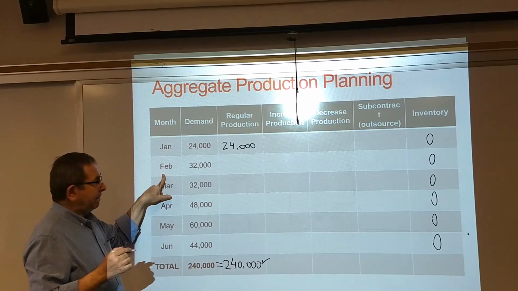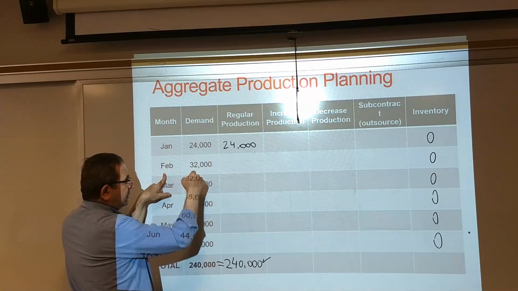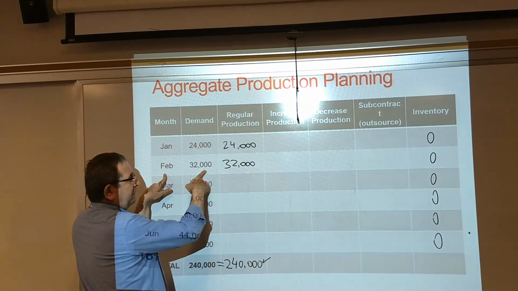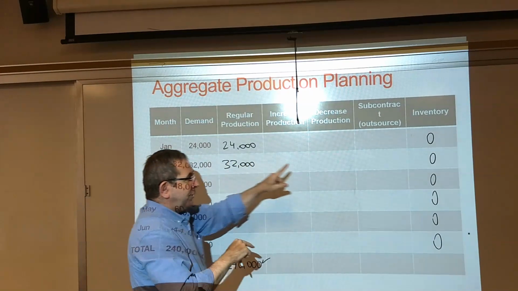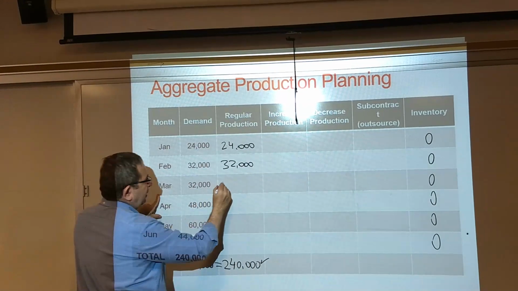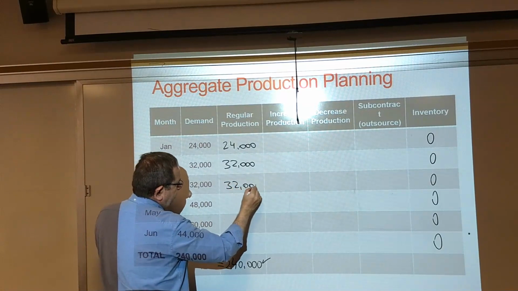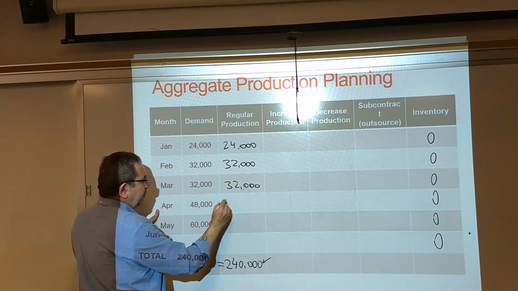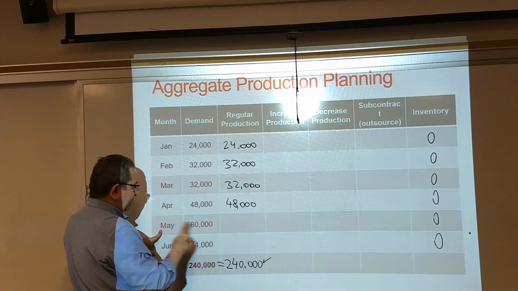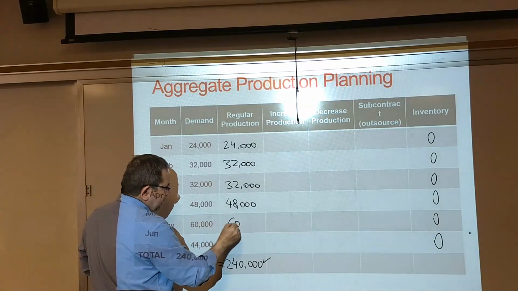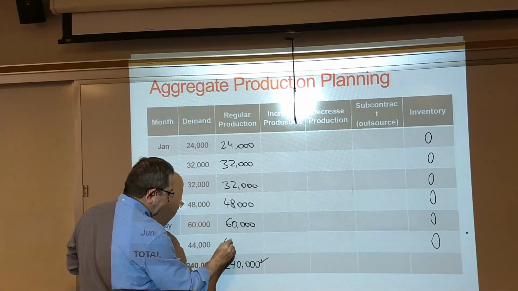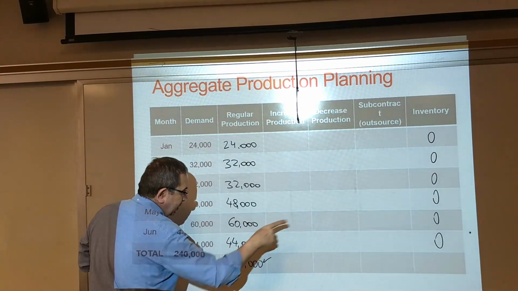In February, customers want 32,000, so you produce 32,000, you sell everything that you produce, and you end up with 0 inventory. Similarly, March, 32,000, 0 inventory. April, 48,000, 0 inventory. May, 60,000, 0 inventory, and then 44,000, 0 inventory.